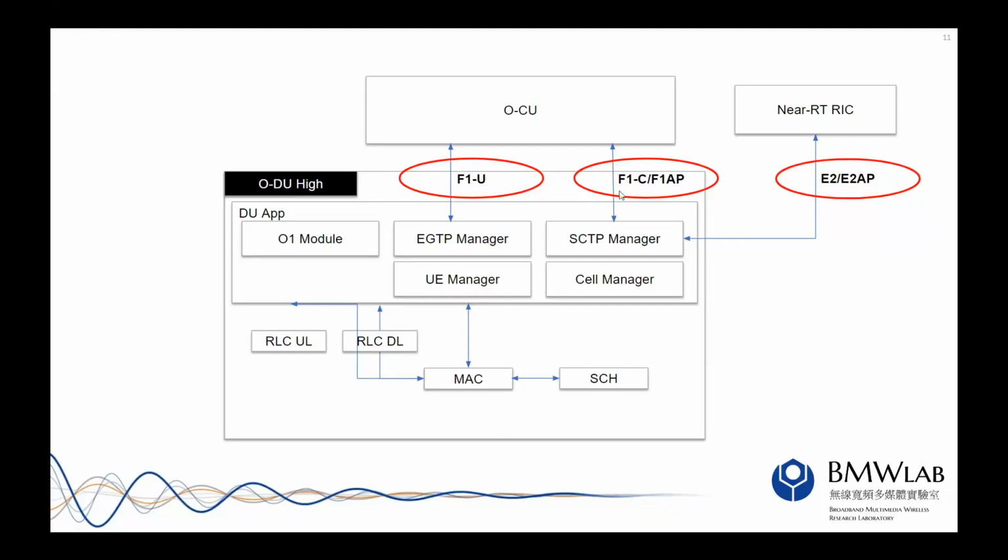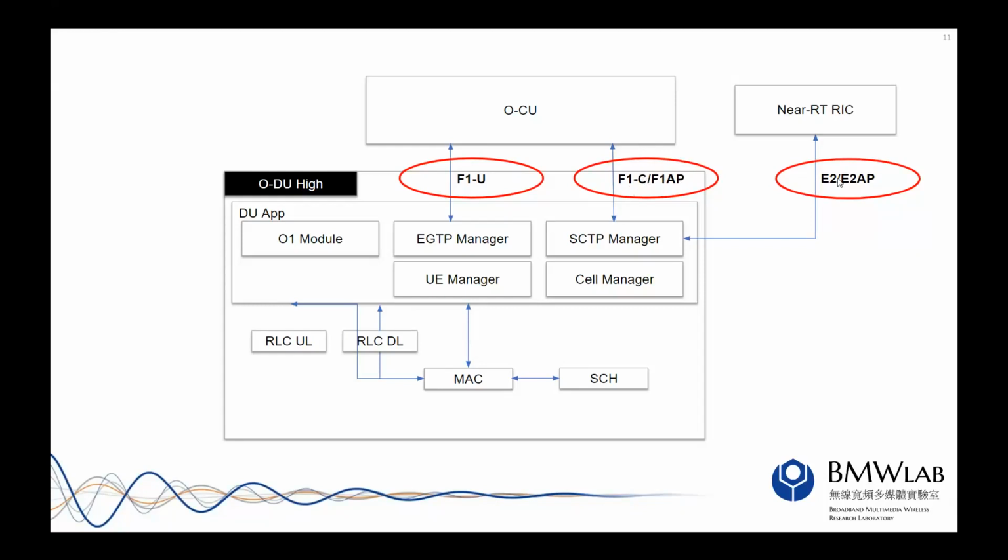The other side is for the control plane, and that is F1C. It is used to transmit control signals. For example, sometimes the higher component or architecture wants to do mobility management, connection management, or get some parameters to monitor the user.